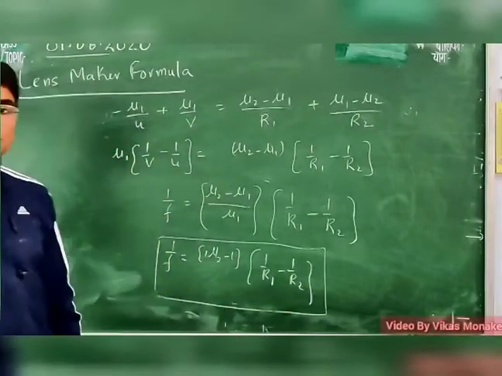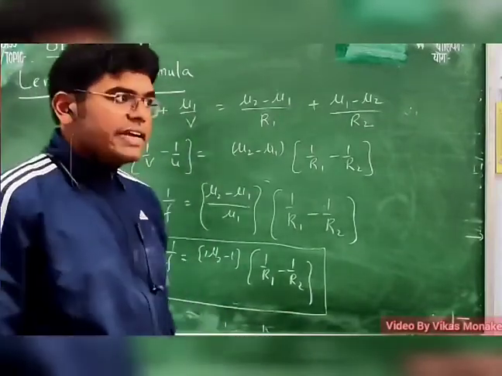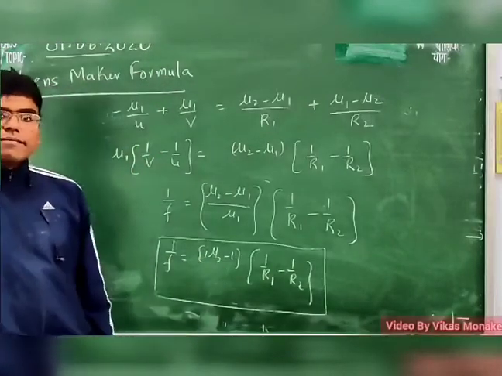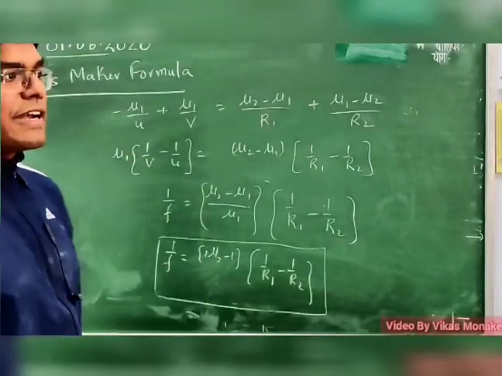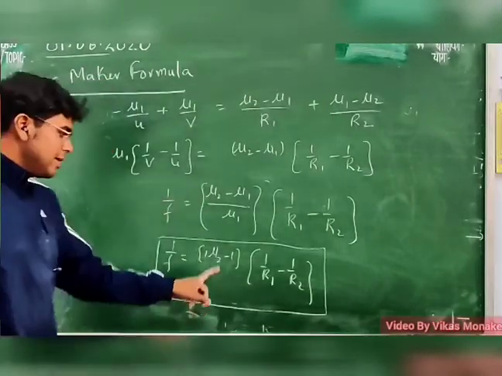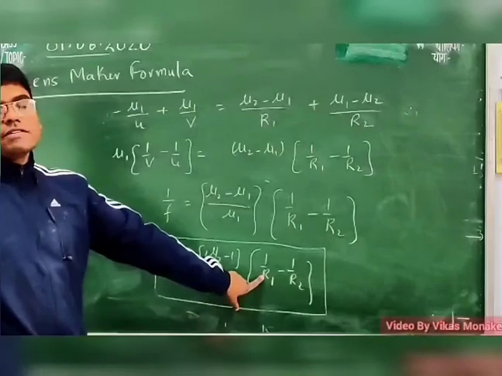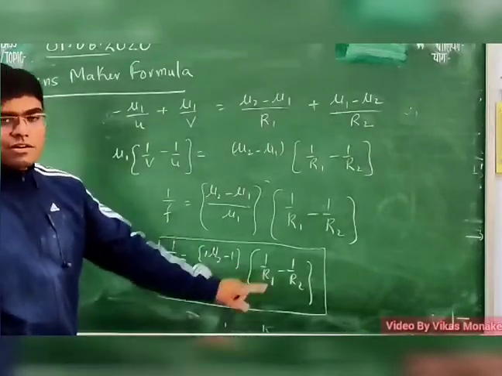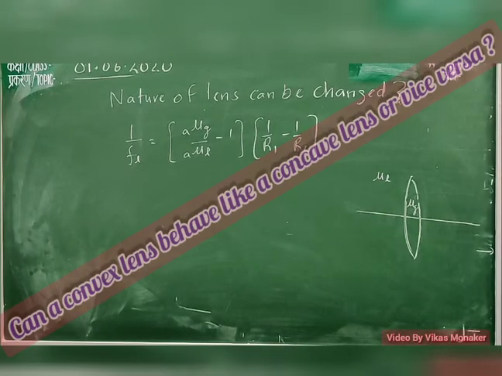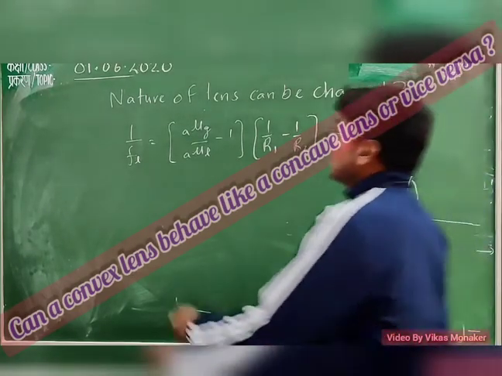So this formula is known as the Lens Maker formula. It gives a relation between the focal length, the refractive index of the material medium of the lens with respect to the outer medium, and the radii of curvature of the lens.